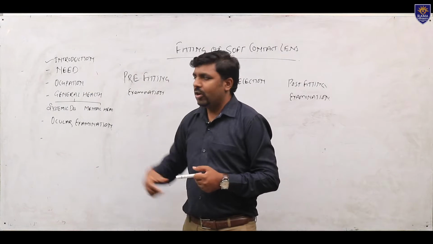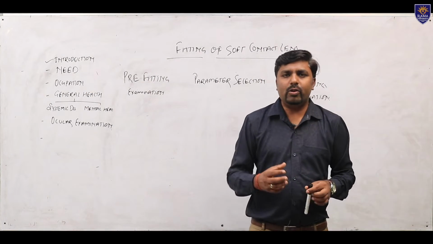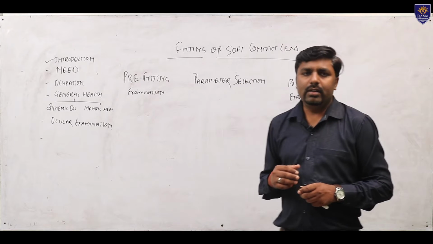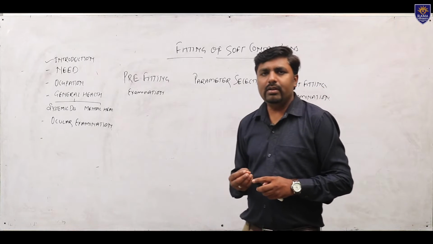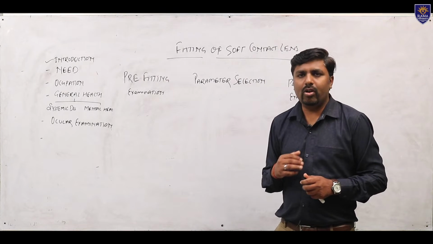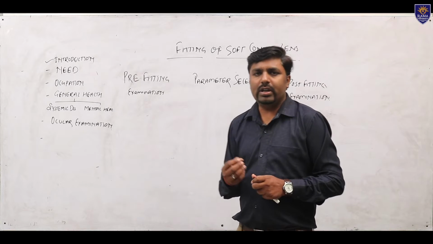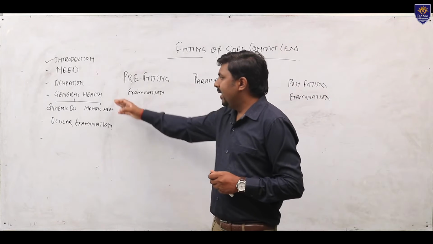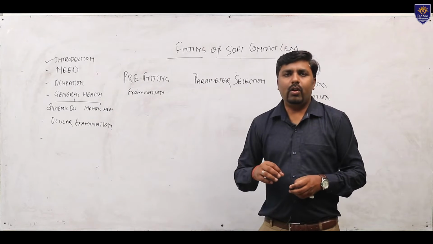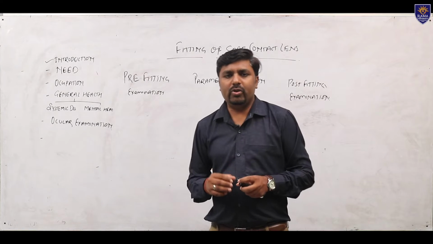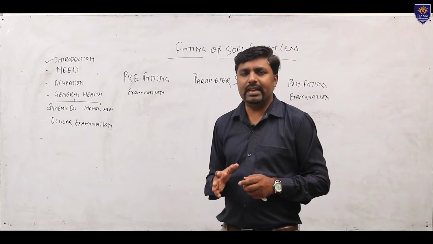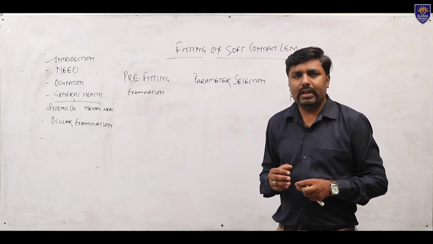Next is occupation. What occupation does the patient have, and is the lens used for party wear, for one day, for long hours, or short duration? We should know that. Next is health, because health affects the fitting and the life of contact lenses.